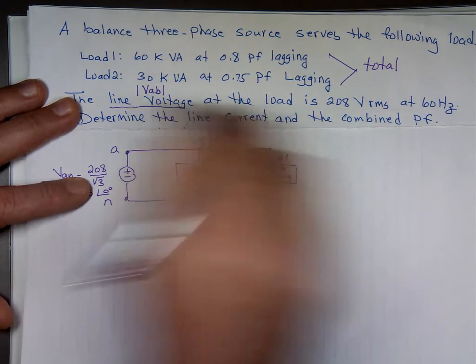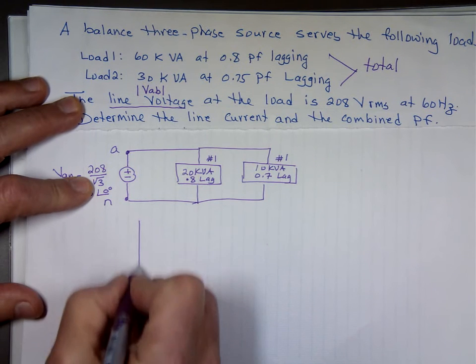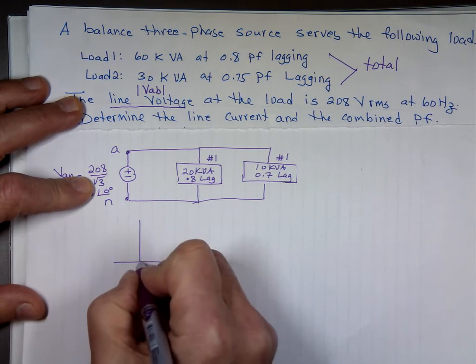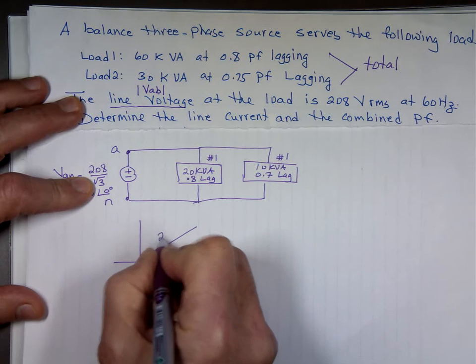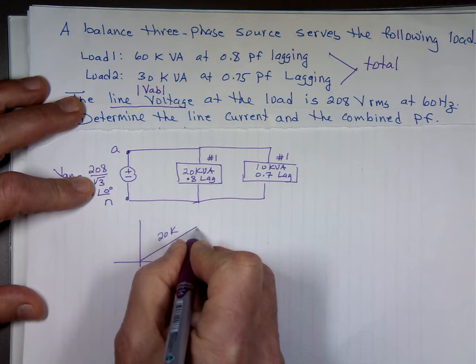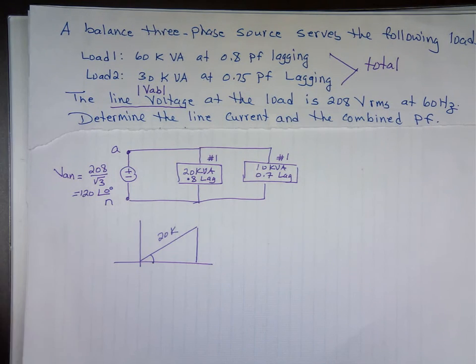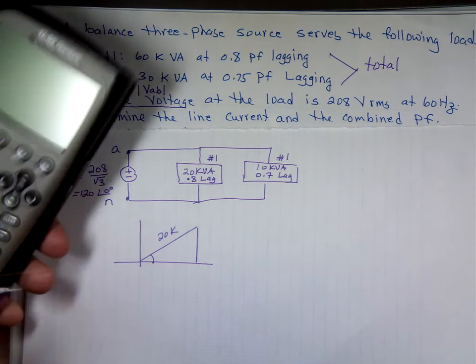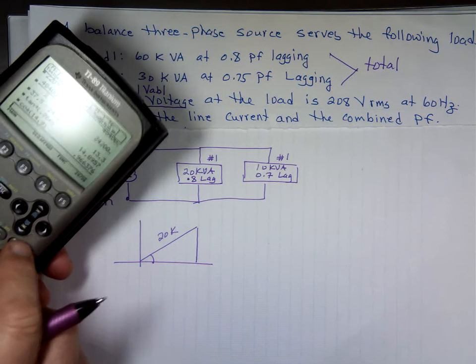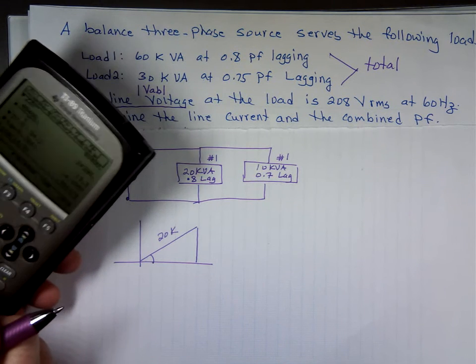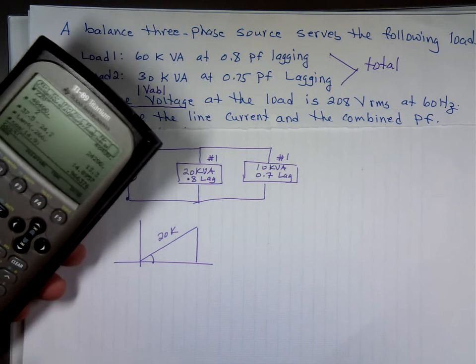So what do we know about that load? They're giving us the complex power. We know this is 20,000. We can figure out this angle, that's the inverse cosine of 0.8. What's the inverse cosine of 0.8?